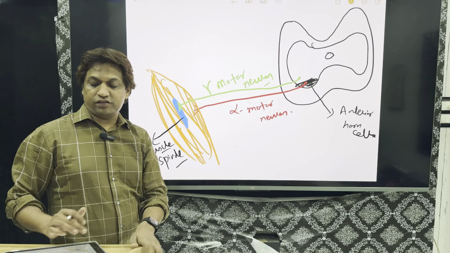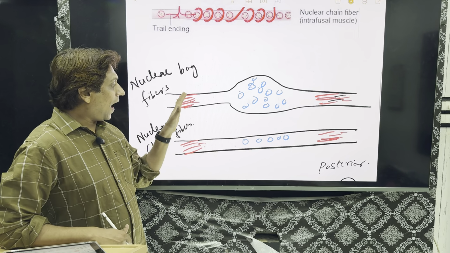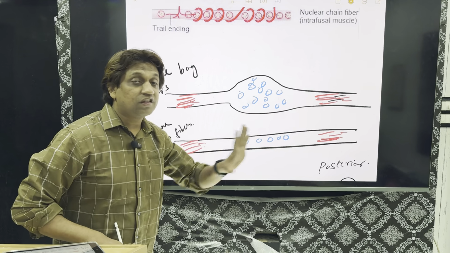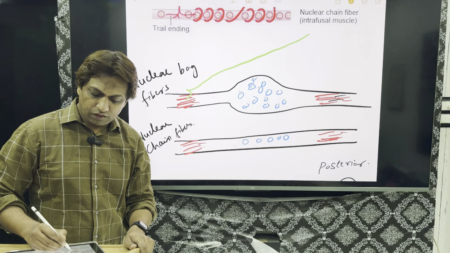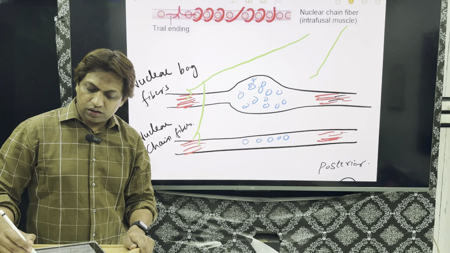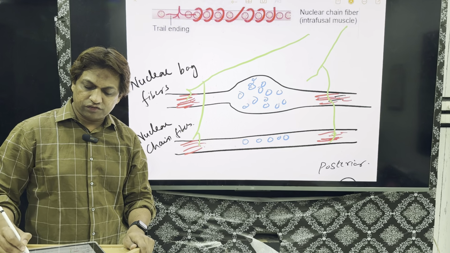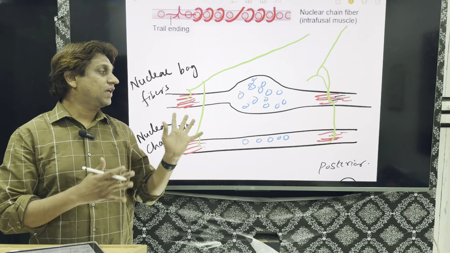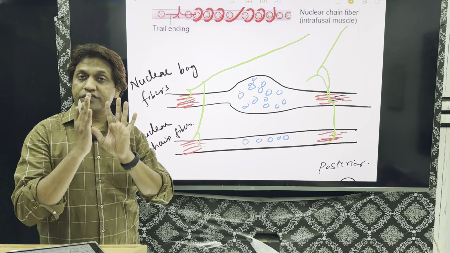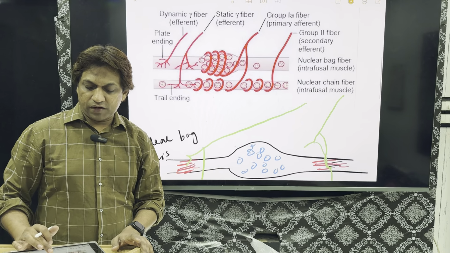So, the gamma motor neuron, which originates from the anterior horn cells, will supply the muscle spindle. Where exactly it supplies is, as I said, actin and myosin filaments are present at the periphery. So the gamma motor neurons coming from the anterior horn cells of the spinal cord supply the peripheral part of the muscle spindle, where actin and myosin are there, not the center part.